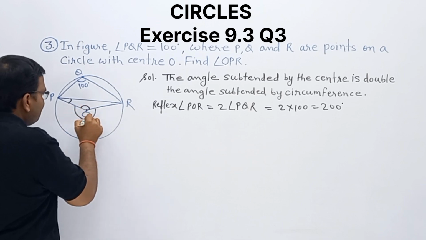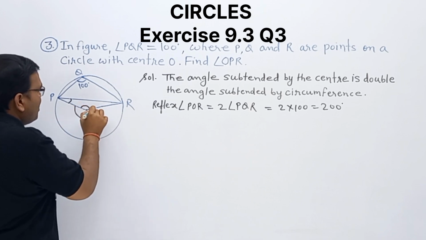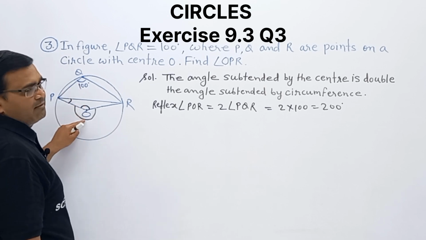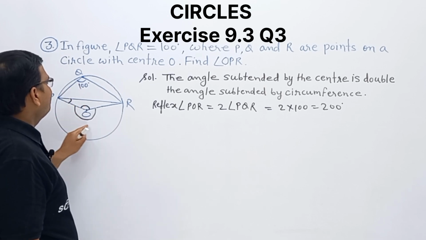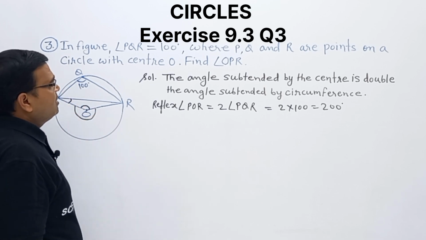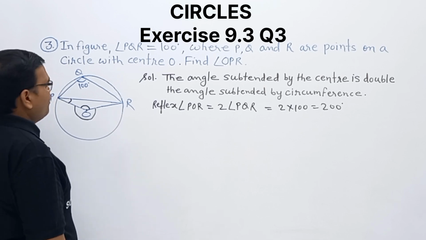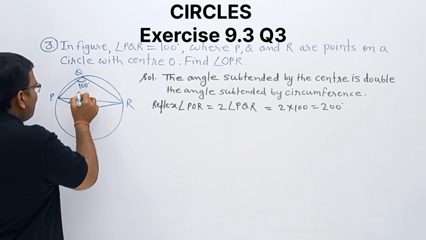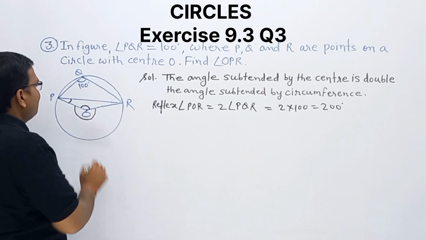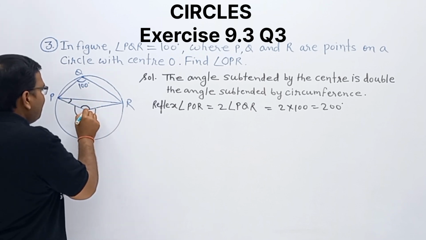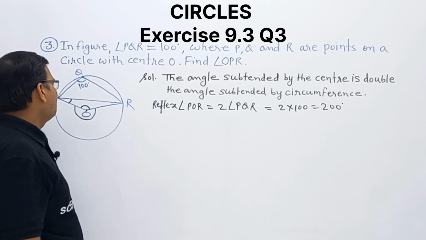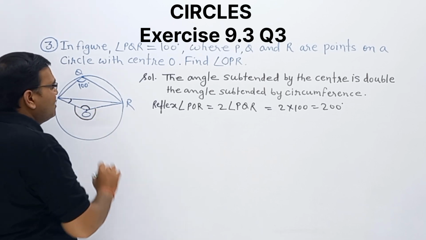Now, once we know this angle is 2 times that one, we know well that at the center the total angle is 360. So how will we obtain angle POR?